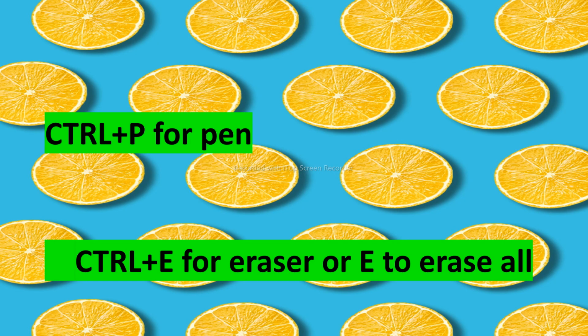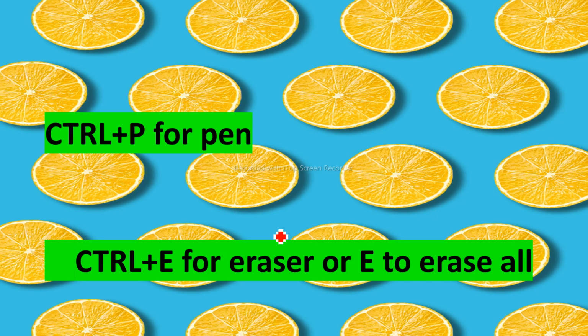Another shortcut key is Control plus P for pen. Once you need a pen to highlight things or show things to other people, you can use the pen. Let me do it.